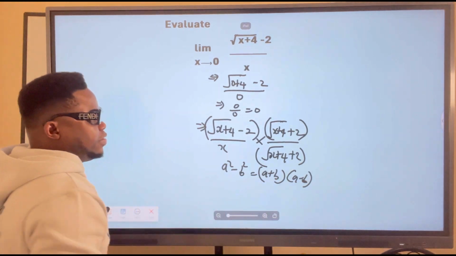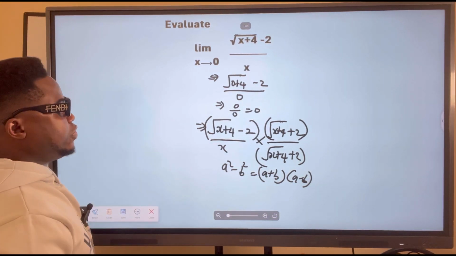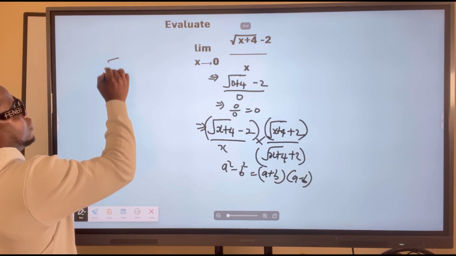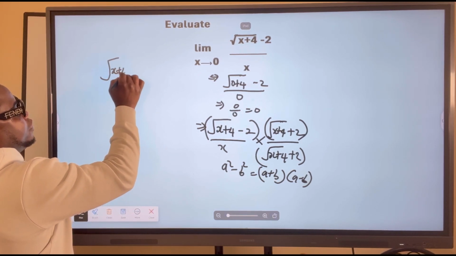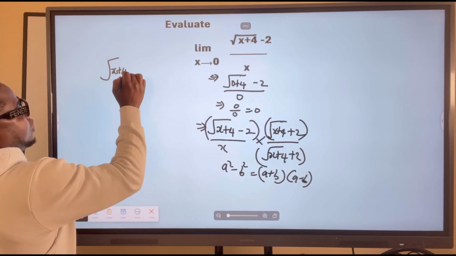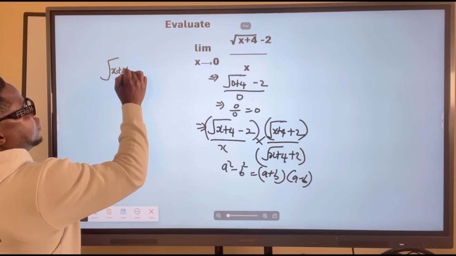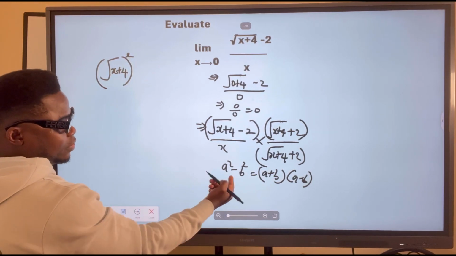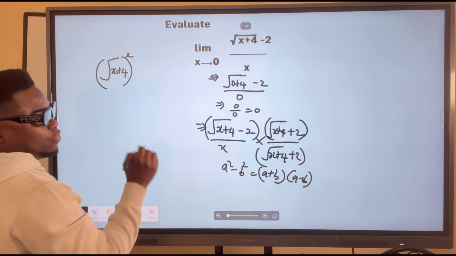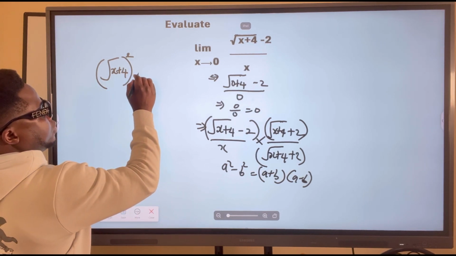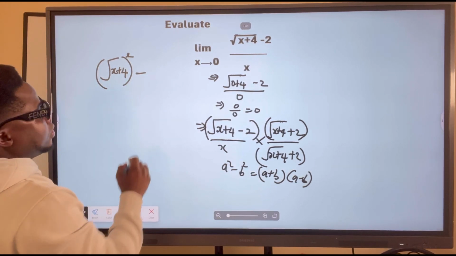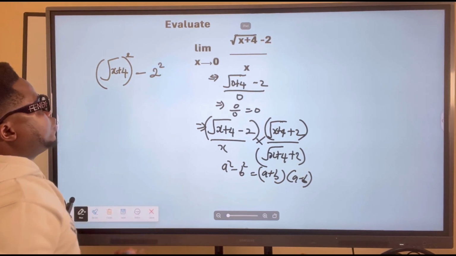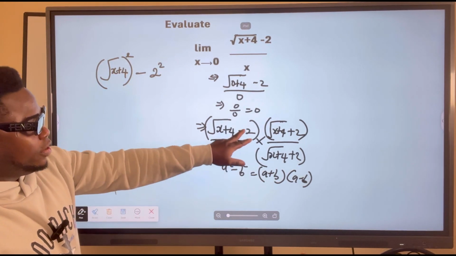So if I apply this here, this expression is going to be square root of x plus 4, all squared, using this formula, difference of two squares. So I'm going to put minus 2 squared, because when I expand this, it's going to be this.